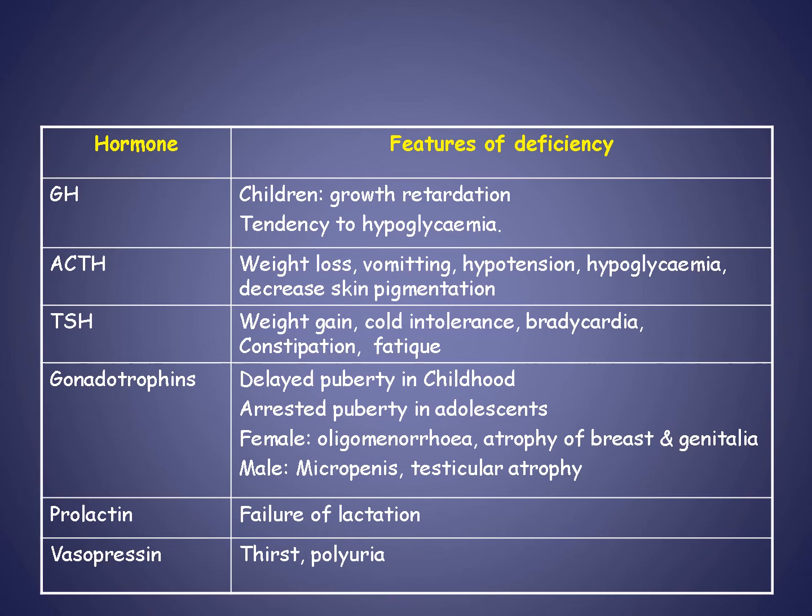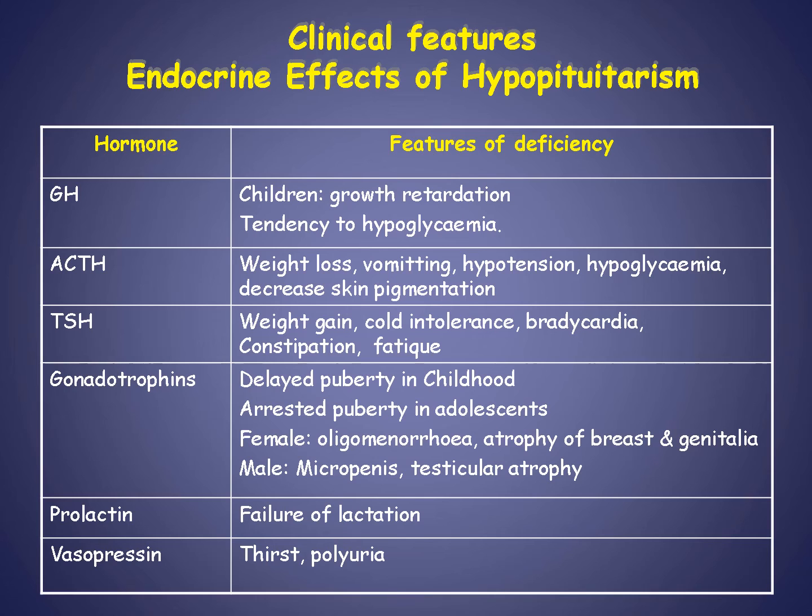You know that when you have a primary adrenal failure or primary Addisonian disease, ACTH is usually increased, causing hyperpigmentation. But in hypopituitarism, the defect mainly is in the pituitary gland, so we have a defect in ACTH secretion. Now we will not have skin hyperpigmentation; instead we will have decreased skin pigmentation.